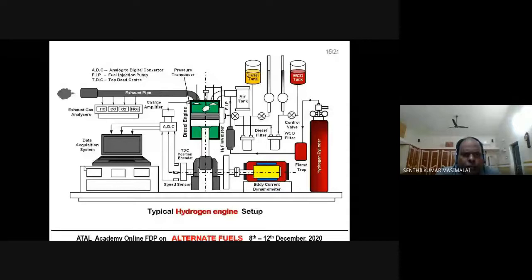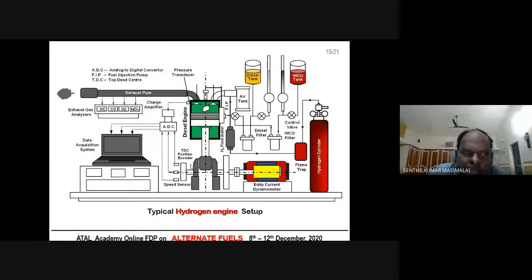We have the data acquisition system. See here, this is the hydrogen. Before supplying hydrogen into the engine, it is supplied through the flame trap. This is the hydrogen flow meter, and it is supplied into the intake manifold. So this is the general setup.